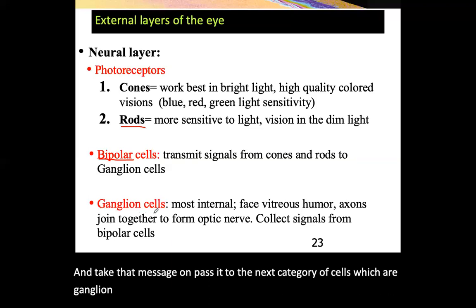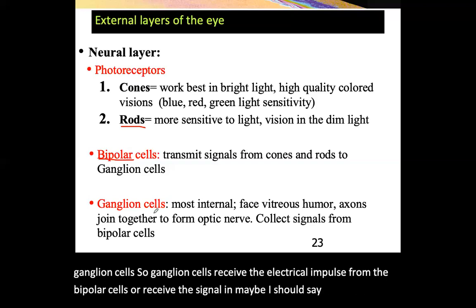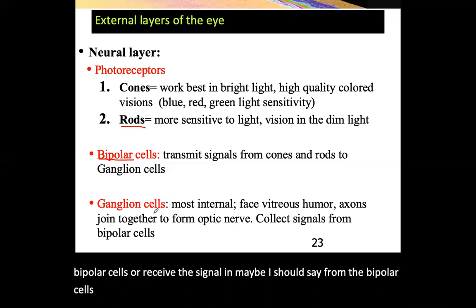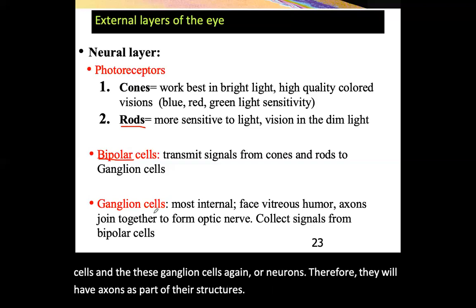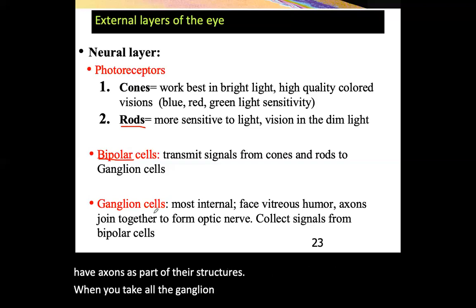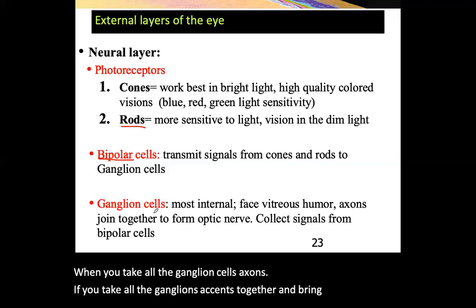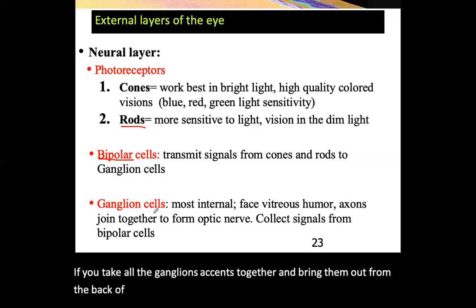Ganglion cells receive the signaling from the bipolar cells, and these ganglion cells, again, are neurons, so they will have axons as part of their structure. If you take all the ganglion cells' axons together and bring them out from the back of the eye, you form the structure known as the optic nerve.